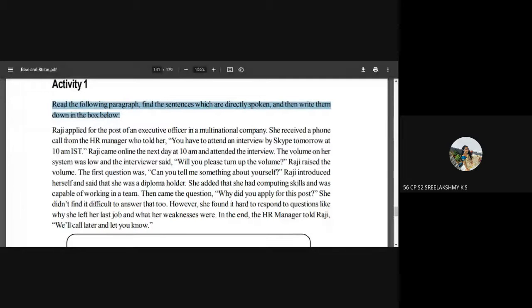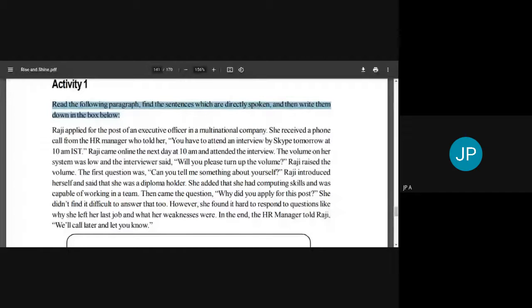Sir, quotation marks would have been given, right? Exactly, that's right, Sri Lakshmi. What you said is right. It is by looking at the quotation marks. That is how we identify. There is no other way. By looking at the punctuation. Okay. So there will be what is known as inverted commas.